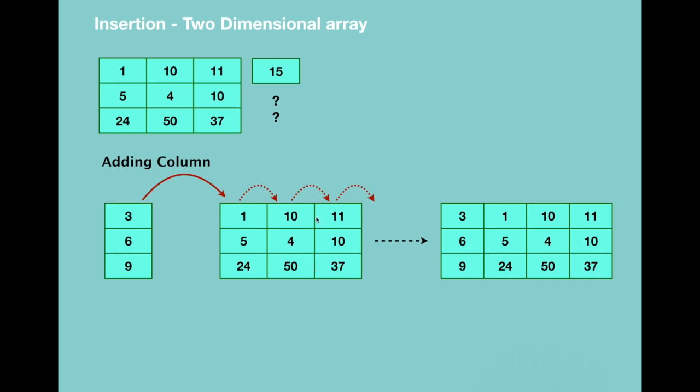Imagine that we have a million rows or columns, and inserting at the beginning of the two-dimensional array will be very time consuming. That's why the time complexity of this operation will be O(MN), where M is the number of columns and N is the number of rows. So each time we are moving N number of elements one step right till we reach M.